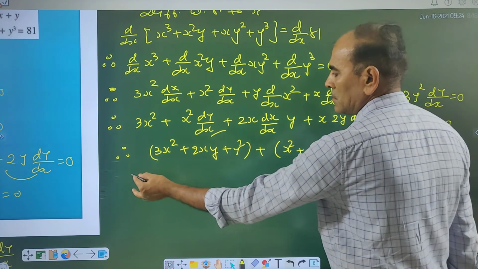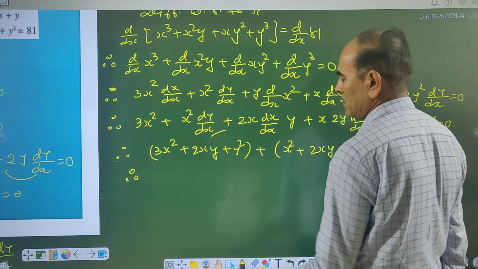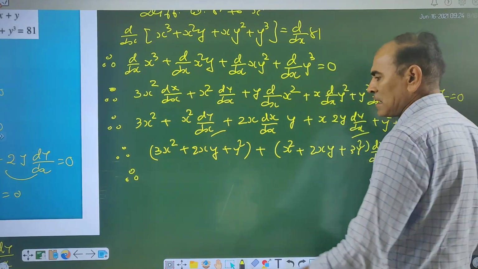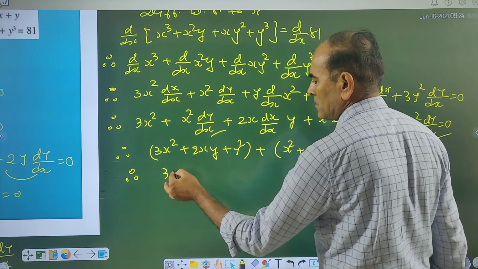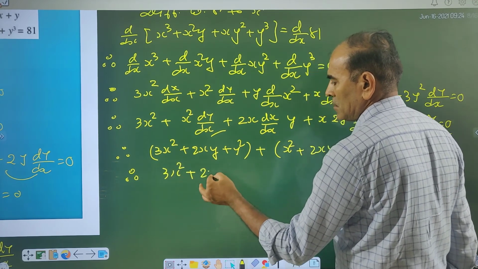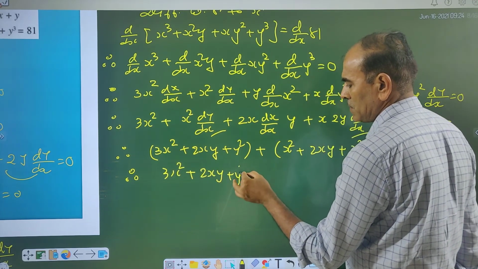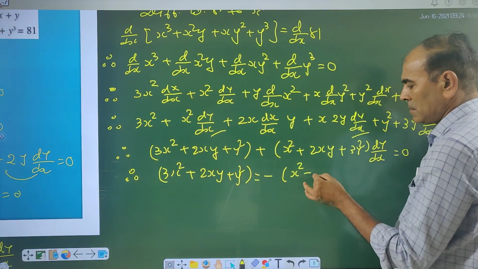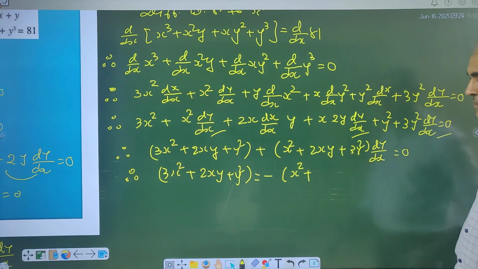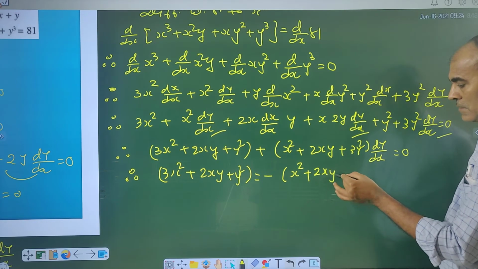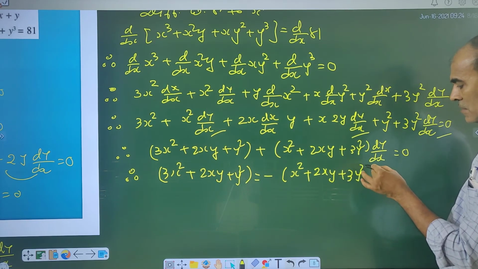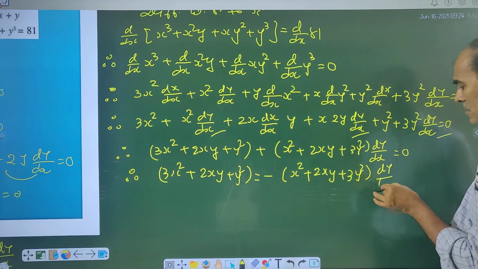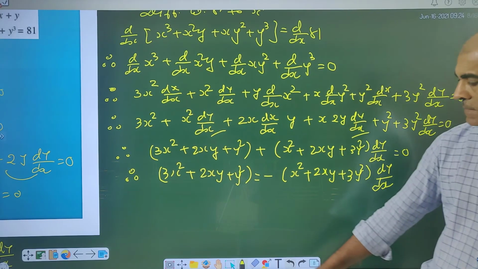Very simple. Now from this one we can write directly dy by dx here also, but write one constant. 3x square plus 2xy plus y square, minus of x square, this one as it is, 2xy plus 3y square into dy by dx.